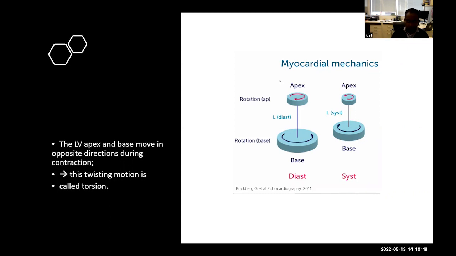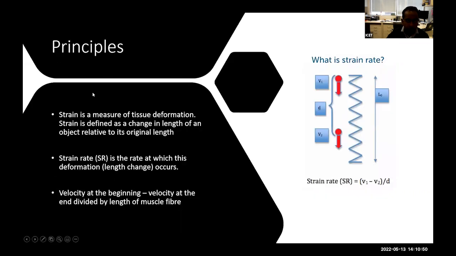Measuring this becomes quite difficult, because how do you assess those measurements? Our traditional method of left ventricular ejection fraction is a 2D plane measurement of a 3D organ, so it has its own inherent limitations.